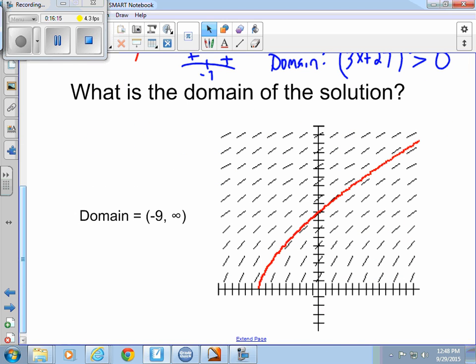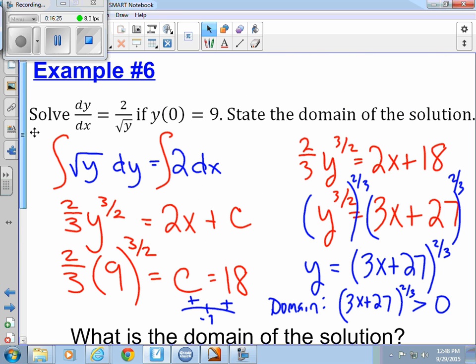Now, why did I just say it's negative 9 to infinity only? Go look at our initial condition. What was the x we used? 0. Which interval?